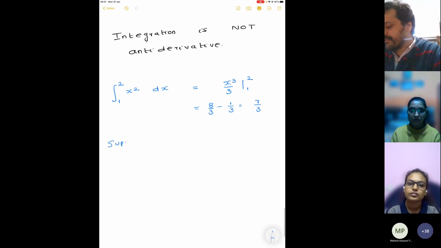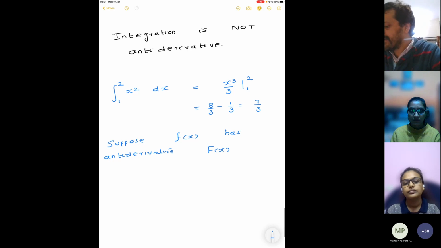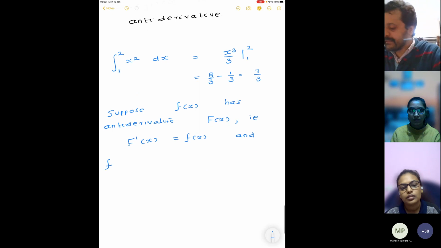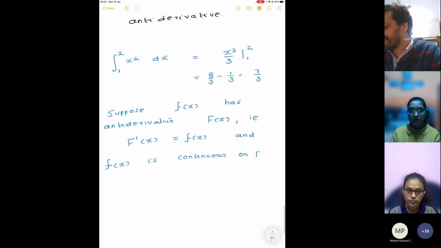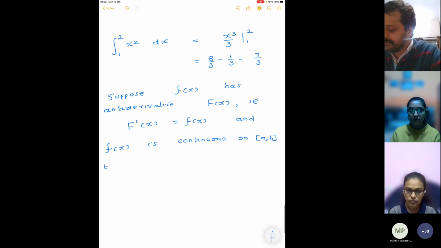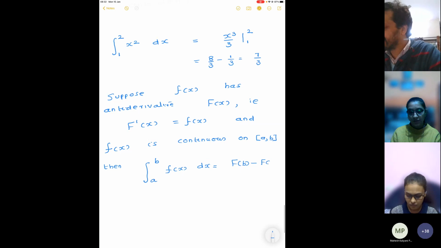For instance, you can say all these things in some special case. Suppose f of x has antiderivative capital F of x, that is capital F dash x coincides with small f x, and suppose further that f is continuous on [a, b]. Then the integral from a to b of f x dx will coincide with capital F b minus capital F a. But the integral from a to b of f x dx has a different meaning.